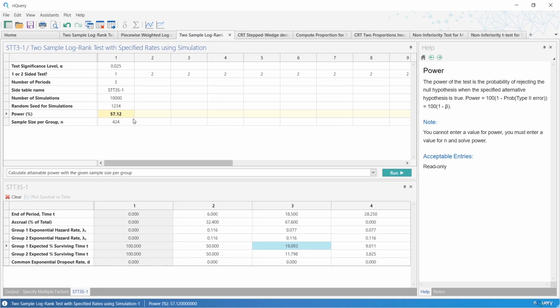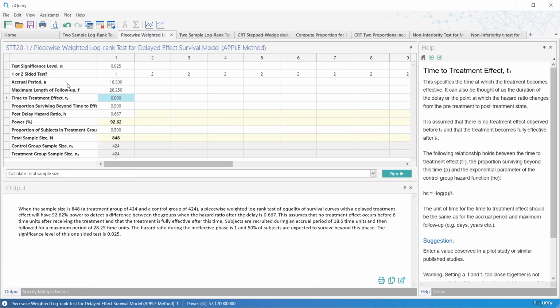Only a 57% chance that we would have a significant p-value given this existed if we'd used a standard log rank test instead of the piecewise weighted log rank test. So obviously this Apple model is fairly simple and fairly restrictive, but if this is what actually happened, you're seeing a very, very large increase in power.